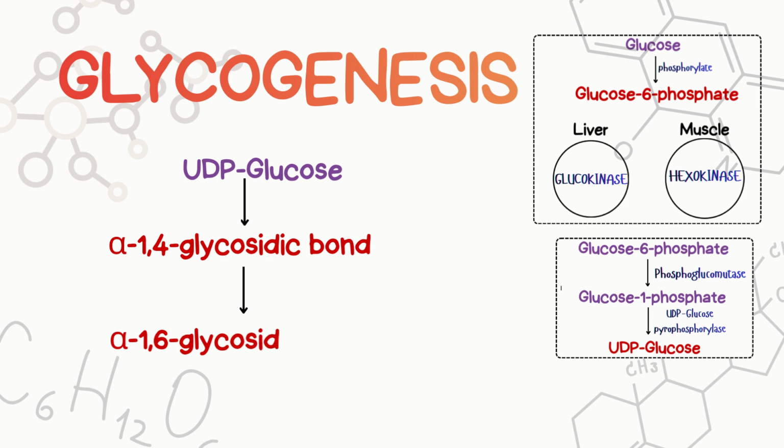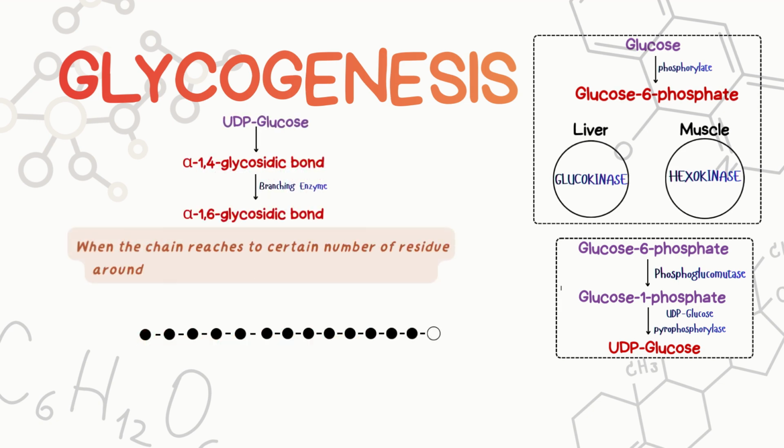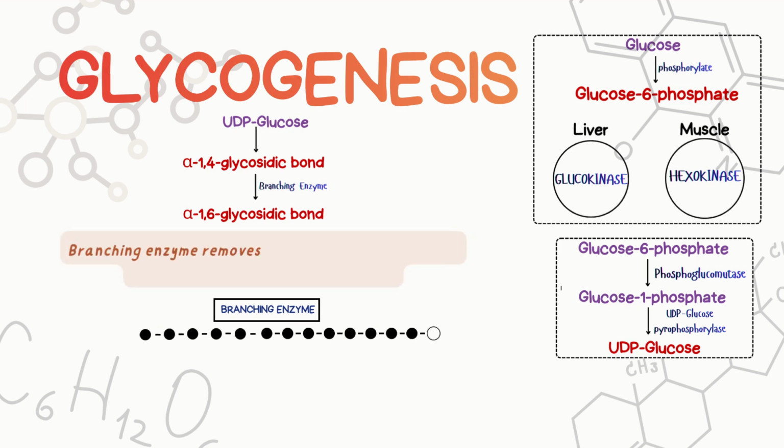Now is the final step where the alpha-1,4 glycosidic bond is converted into an alpha-1,6 glycosidic bond by the branching enzyme. It's already in the name, the branching enzyme branches out the chain, forming a bond. So when the chain reaches a certain number of residues, around 11 to 15, the branching enzyme comes into action.